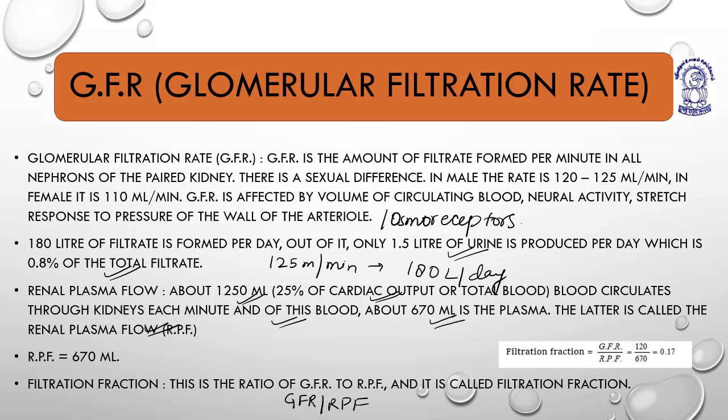GFR, glomerular filtration rate, is around 125 ml per minute, and renal plasma flow is around 670 ml. It rounds to 0.17. That is the filtration fraction, GFR 120 upon 670, 0.17.